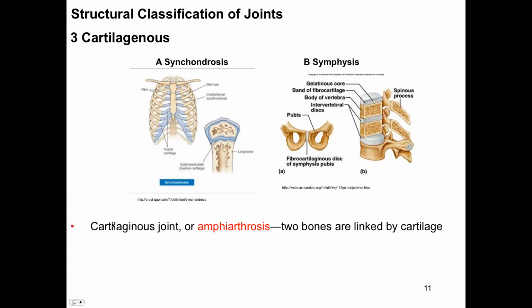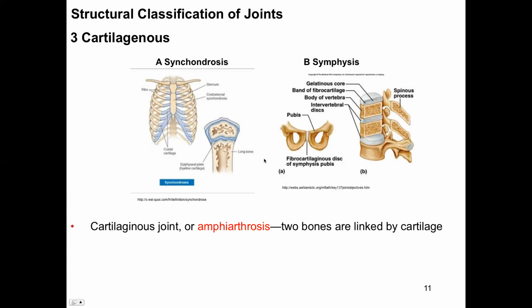So here, when I talk about cartilaginous joints, we're talking about two different types, the synchondroses and the symphyses. And remember, whenever you see chondro, you know you're talking about cartilage. I had spoken about that before, all right?